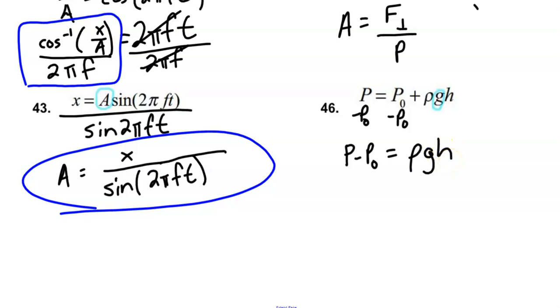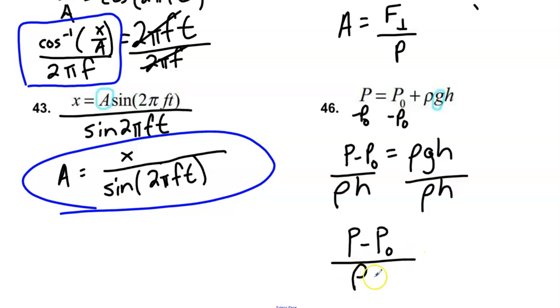Now we need to solve for g, so we're going to divide both sides by rho h. So P minus P0 over rho h equals g.